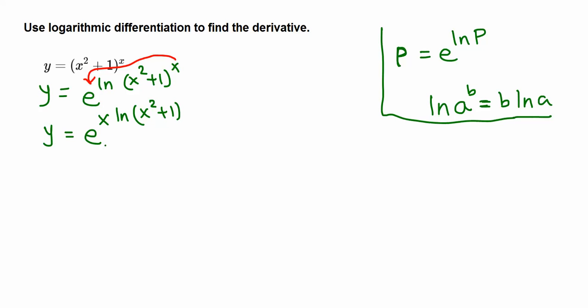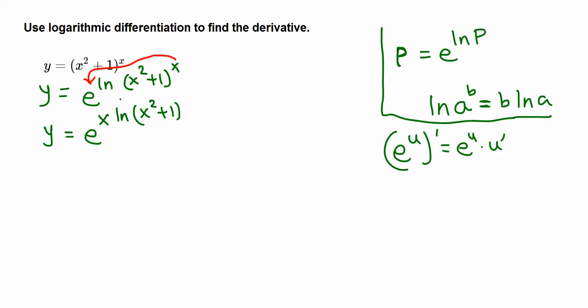Now this looks like e raised to something, a function of x, and we know from the chain rule, when we have e raised to something, let's say u, outside function is e to the something, inside is u, so the derivative of e to the u is just itself times the derivative of inner function u.